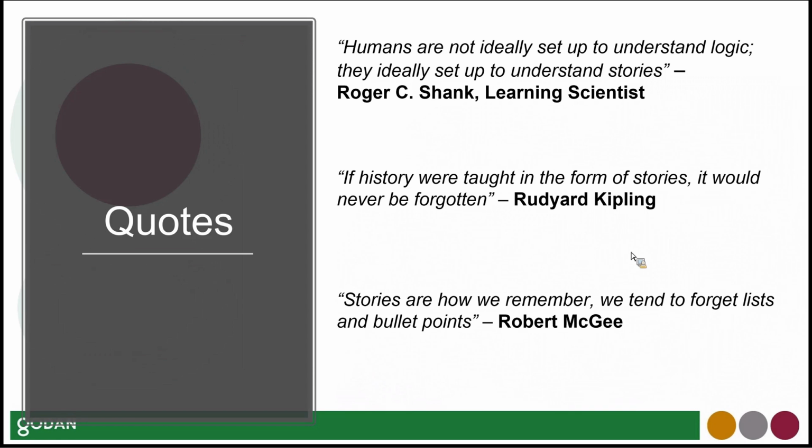The second one says, if history were taught in the form of stories, it would never be forgotten. Stories are how we remember. We tend to forget lists and bullet points, but we remember stories. These are the key quotes I think I should share with you, and they align with what we are trying to achieve today.